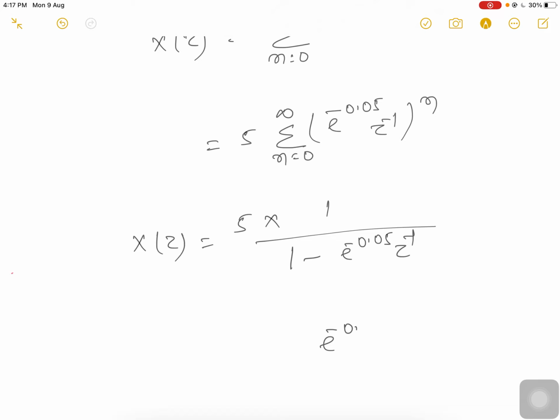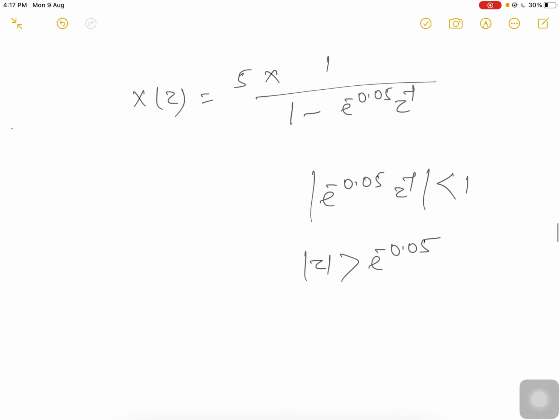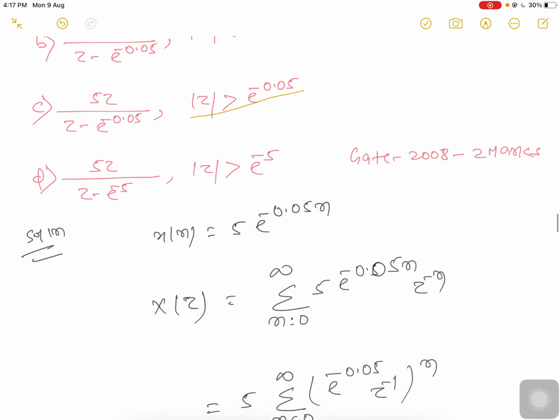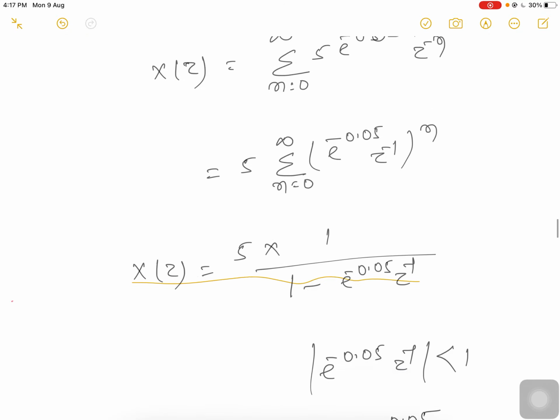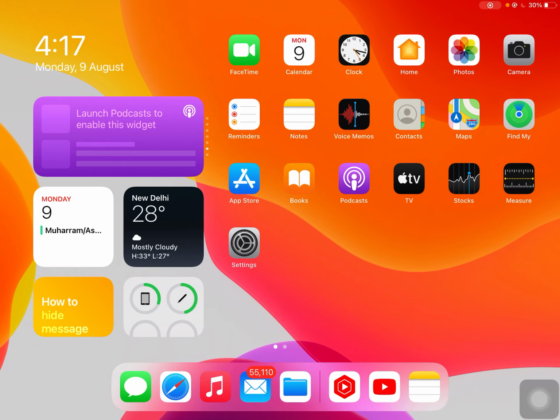Okay, and the ROC will be defined by e to minus 0.05 z inverse mod less than 1, then mod z greater than e to minus 0.05. Okay, so the right answer will be mod z greater than e to minus 0.05. So C will be the right answer.